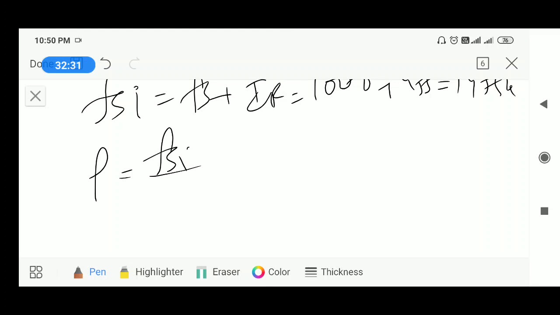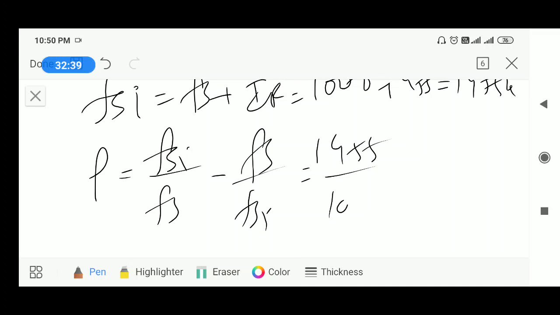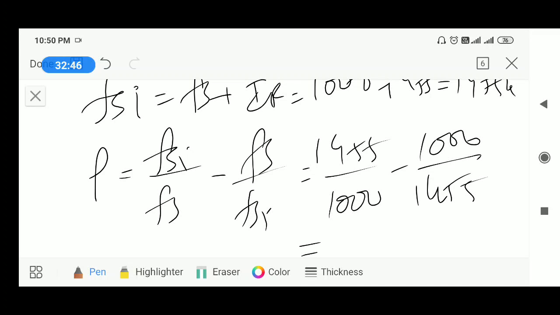Rho is equal to Fsi by Fs minus Fs by Fsi.